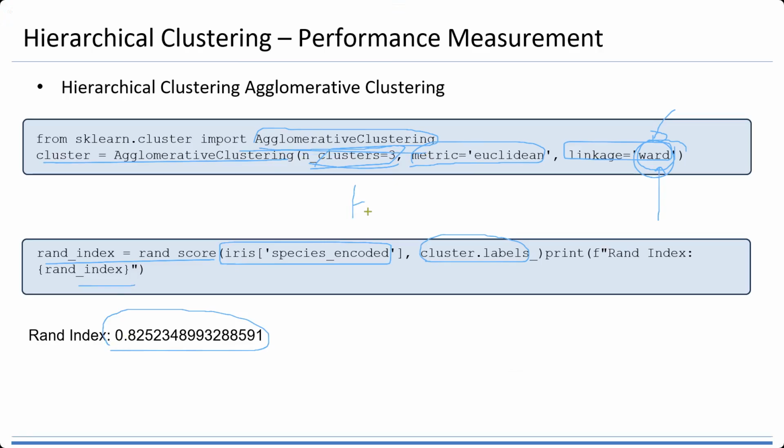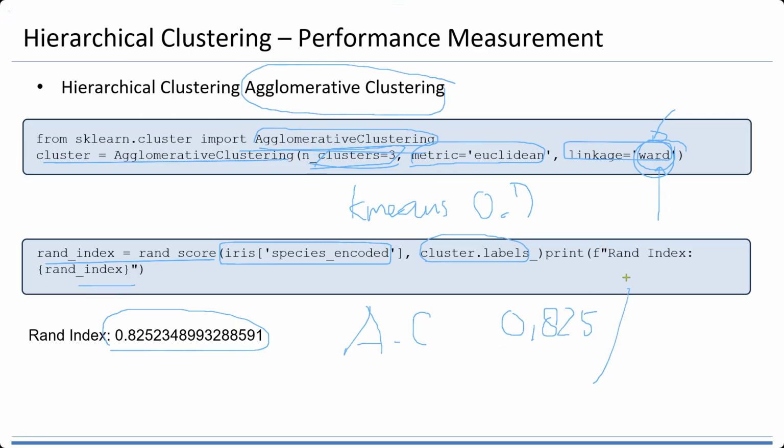Previously, with the k-means, we got 0.827. With the agglomerative clustering, we got 0.82825 something. It means the agglomerative clustering has better clustering compared to k-means.